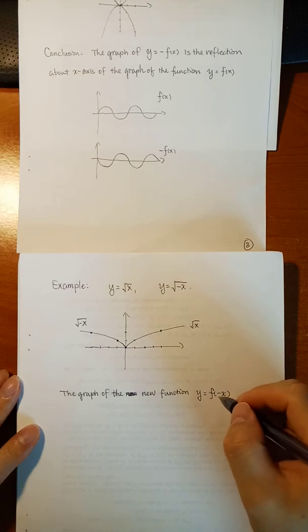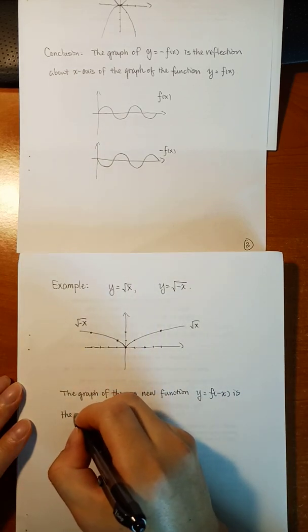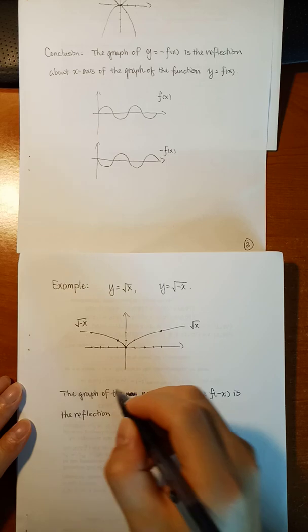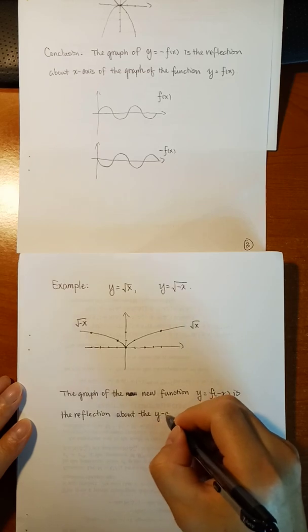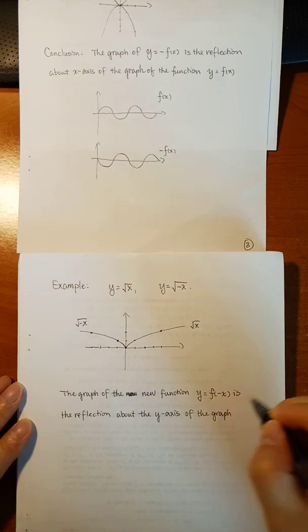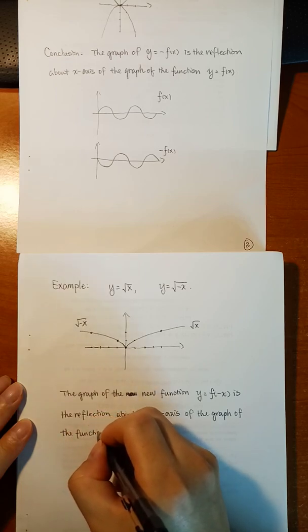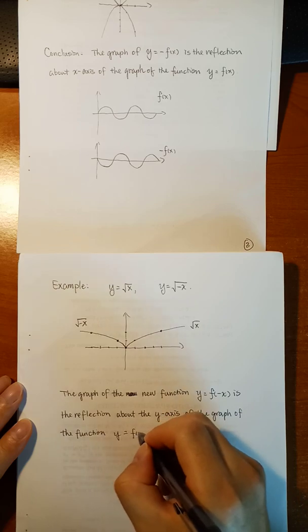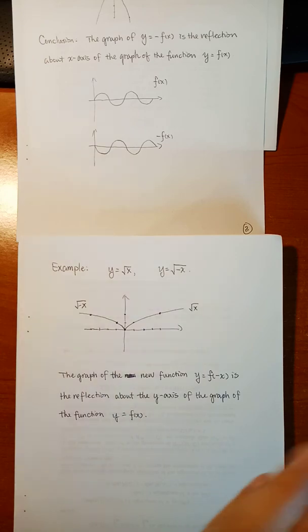You directly put a negative sign in front of x. y equal to f of negative x is the reflection about the y-axis of the graph of the function y equal to f(x). You put a negative sign for f(x), that's about the x-axis. You put a negative sign for x, it's about the y-axis, the reflection. So that's how the reflection works.